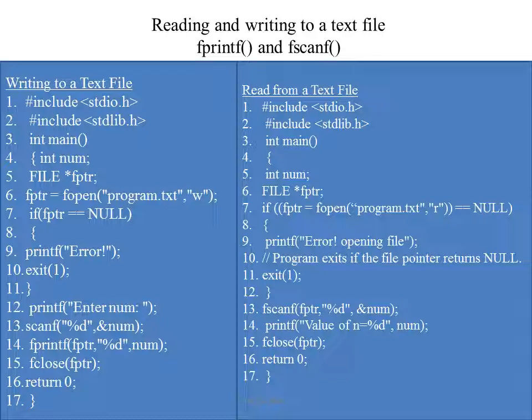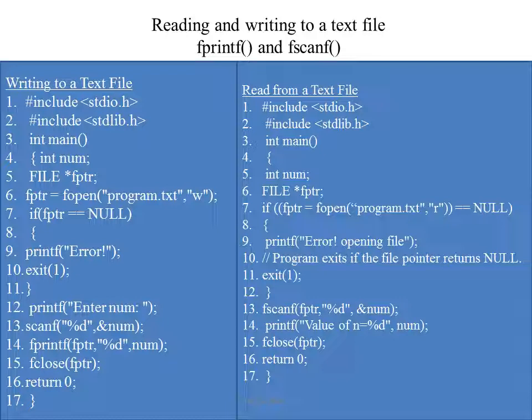So we check through line 7 whether the file is opened properly or not. If fptr is equal to null, then we simply display an error and exit. The exit function helps us exit the program, and it is available in stdlib.h, which is included in line number 2.